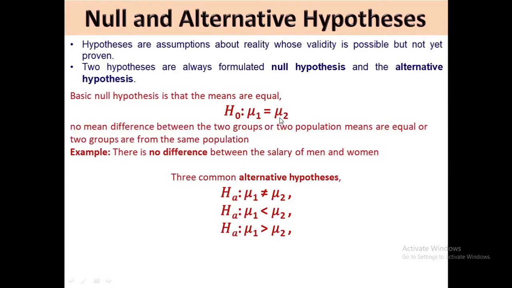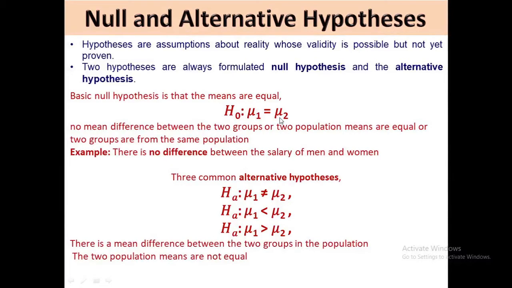And in the t-test, there are three possible alternate hypotheses, which say that the mean of one population is not equal to the mean of the other population, or mu1 is not equal to mu2, or this is less than the other, or in other words, the mean of one population is less than the second population, or it may be vice versa.